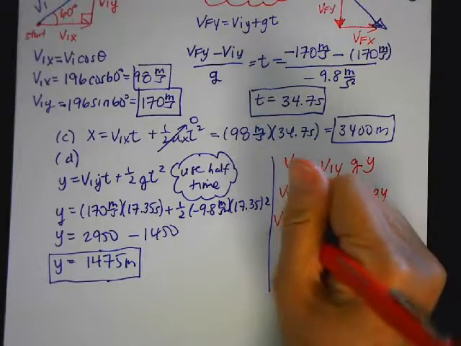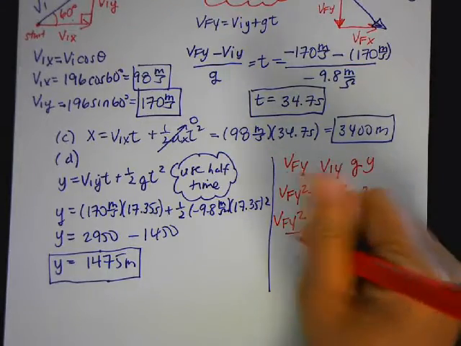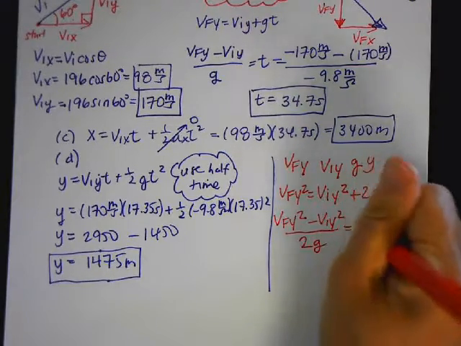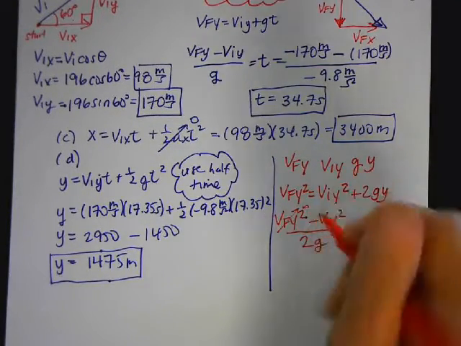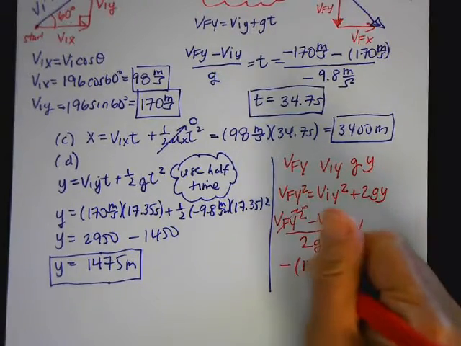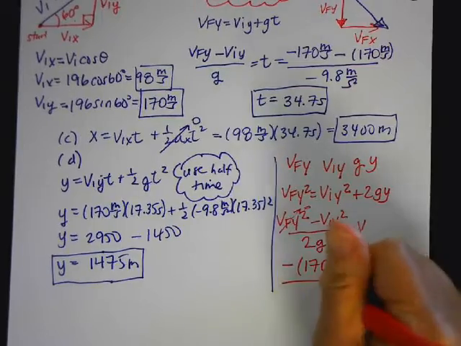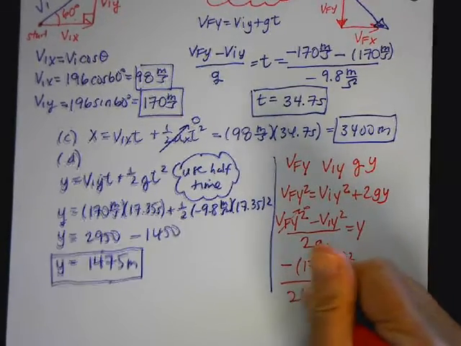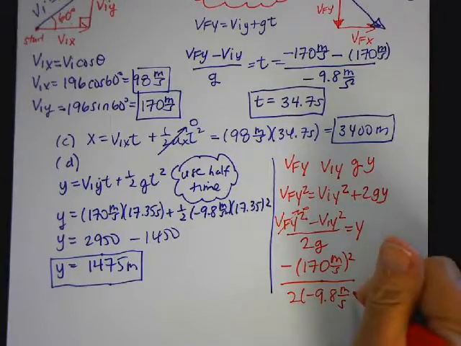So VFY squared minus VIY squared over 2G is equal to y. Now VFY is 0, so let me get rid of that. So I'm basically going to have negative 170 meters per second squared divided by 2 times negative 9.8 meters per second squared.